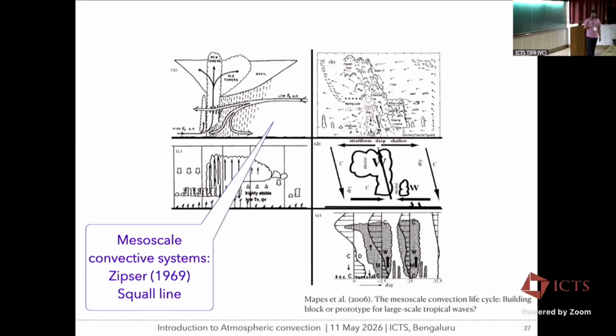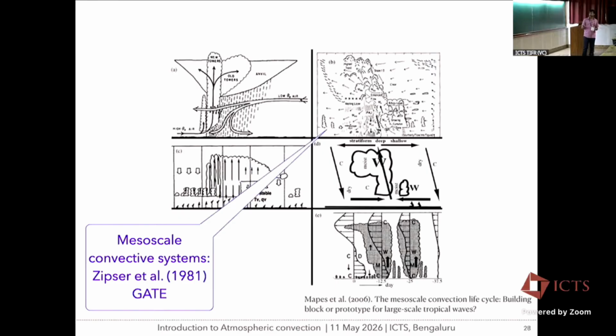And these sketches are from earlier works. For example, this one is a mesoscale convective system looking at a squall line. So this is from Gilles, a slightly older paper, 1969. And this is a squall line.